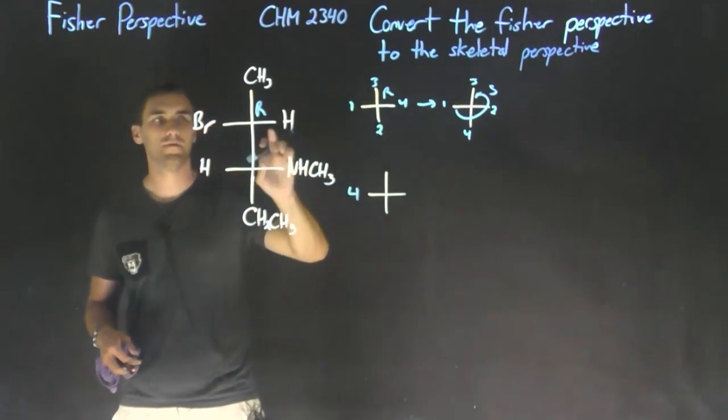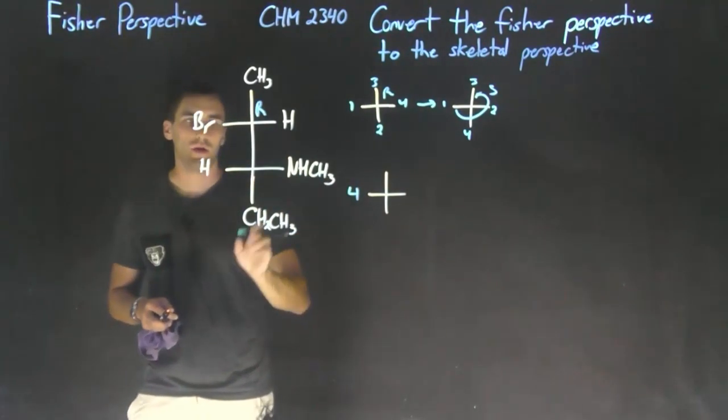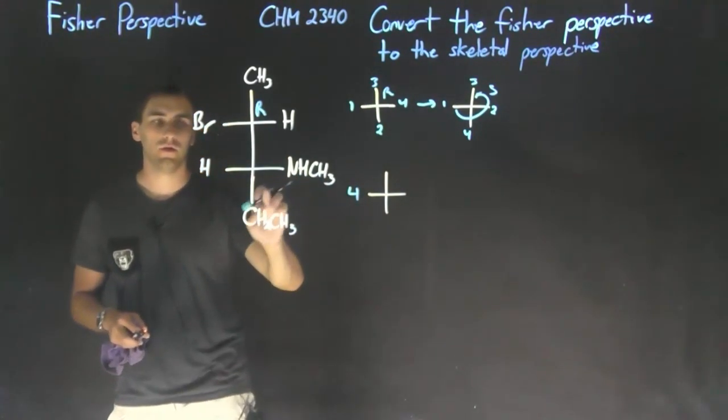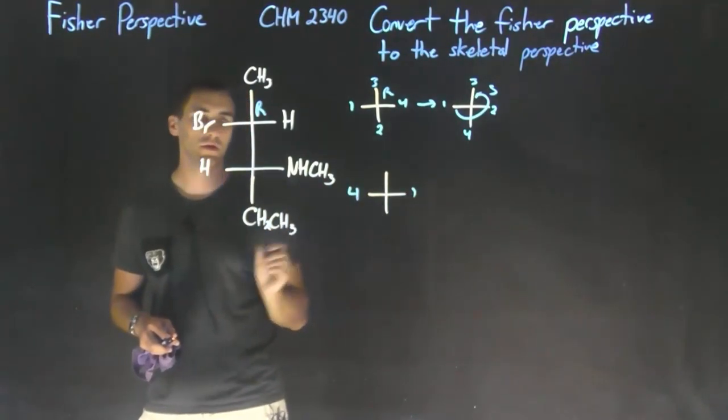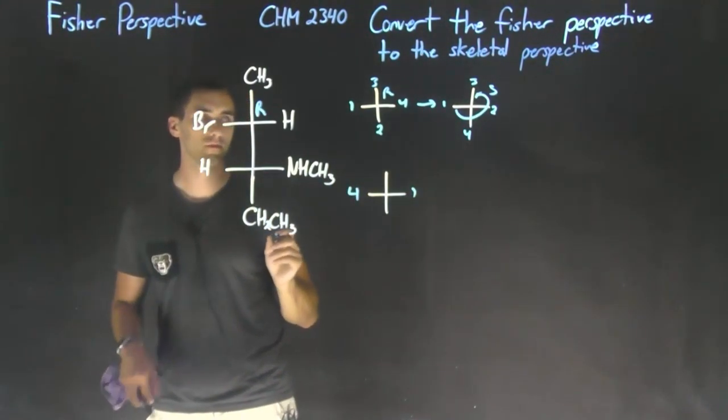We have nitrogen, and nitrogen is going to be heavier than carbon. So the nitrogen will get the first priority.